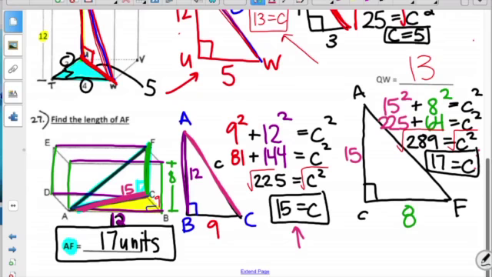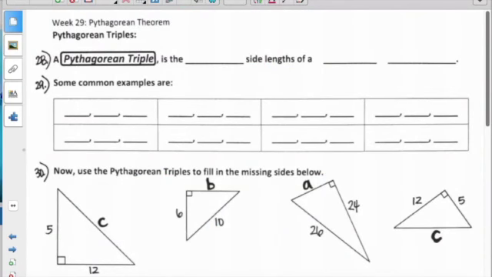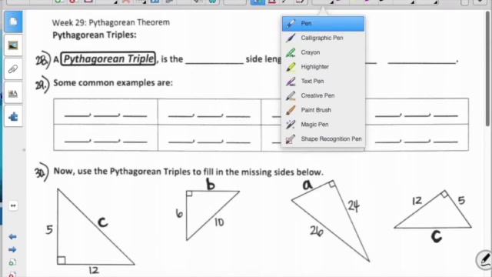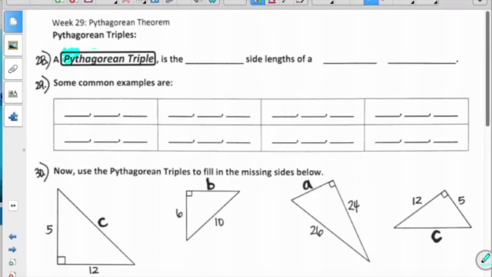Okay, turn the page. Next thing we're going to talk about is a cool trick to help save you guys some time and effort. So these are called Pythagorean triples. And basically, you just want to memorize the combination of side lengths for your right triangles.